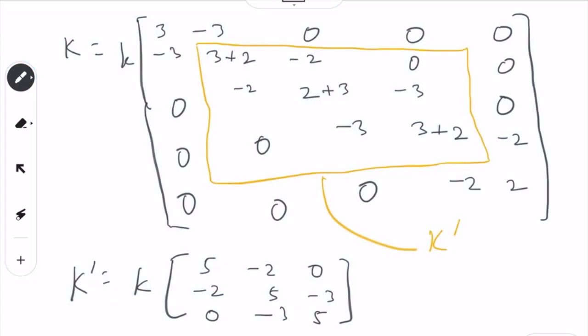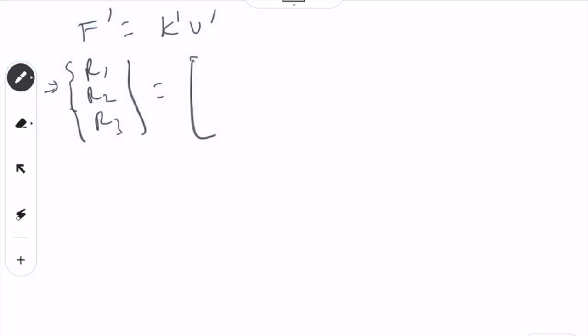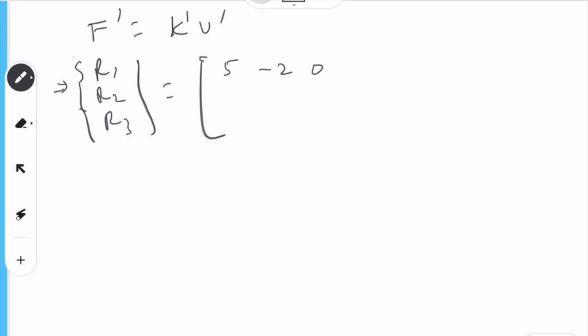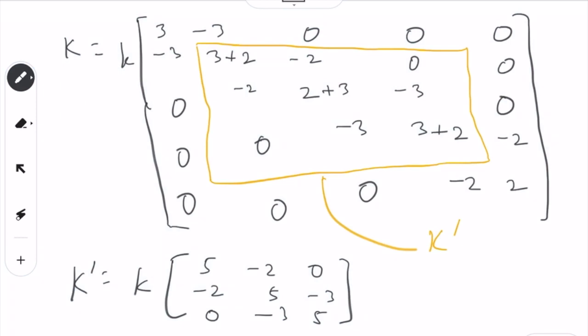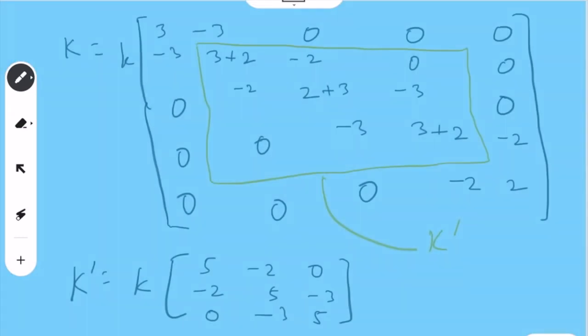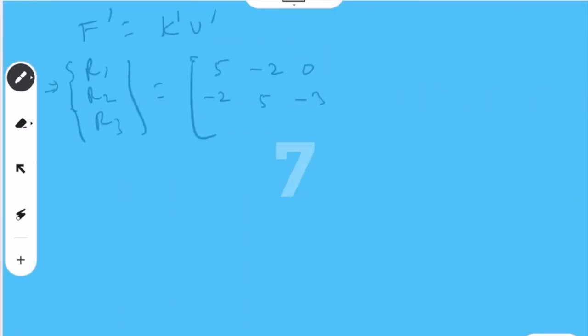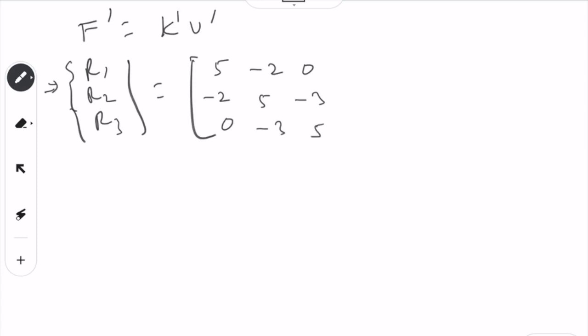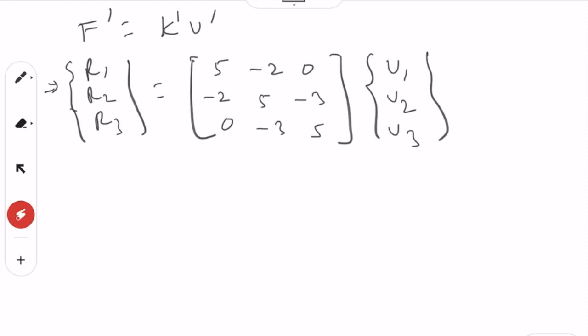K dash is 5 minus 2 0, then minus 2 5 minus 3, and then 0 minus 3 5. Okay, and multiplied by u1 u2 u3. Hence you can very easily find out now. So r1 equal to this multiplied by this, r2 equal to this multiplied by this, r3 equal to this multiplied by this.